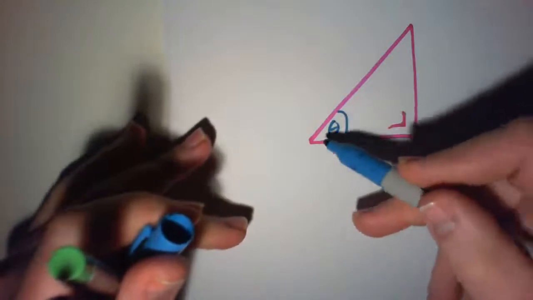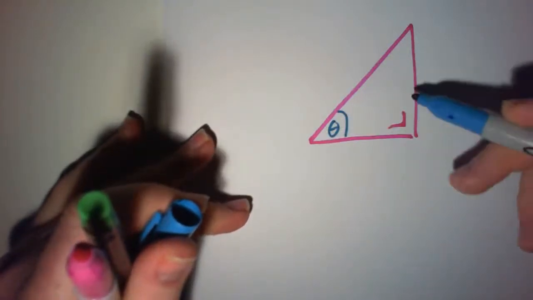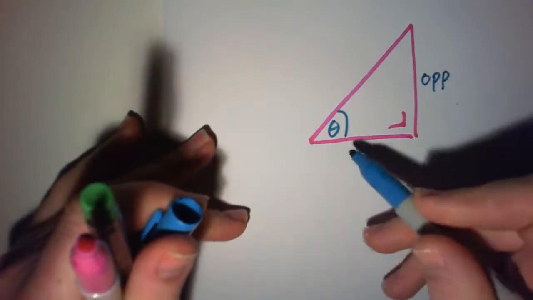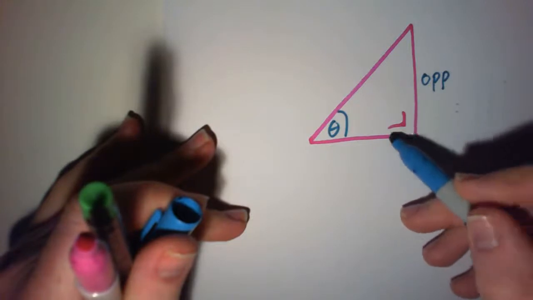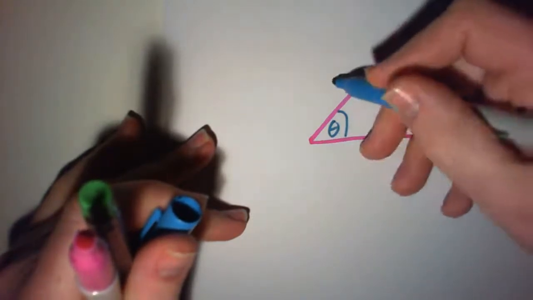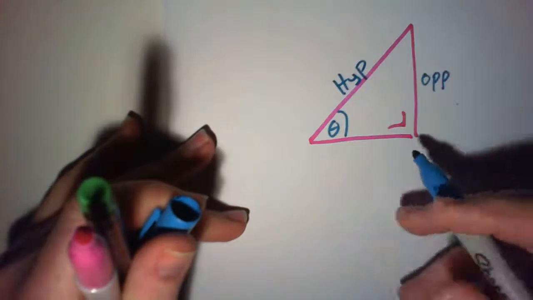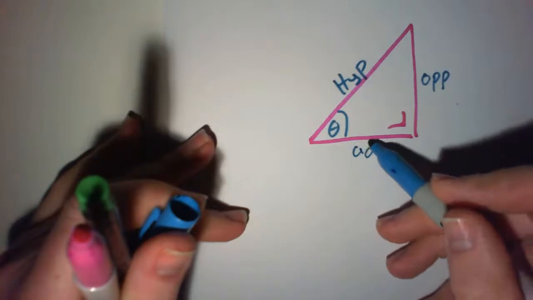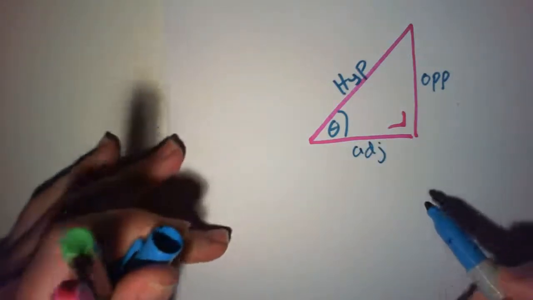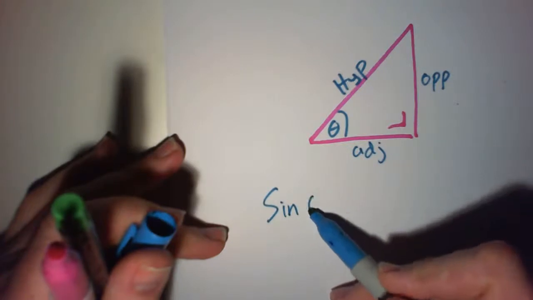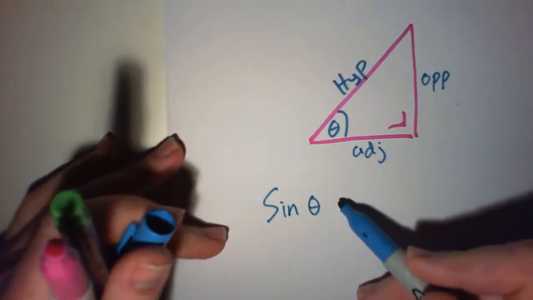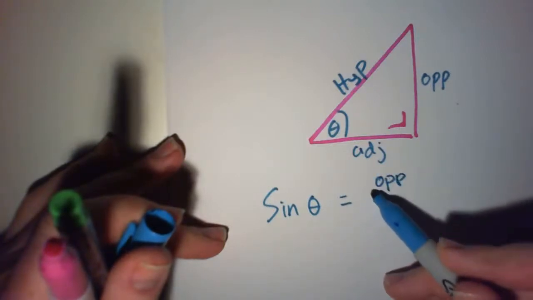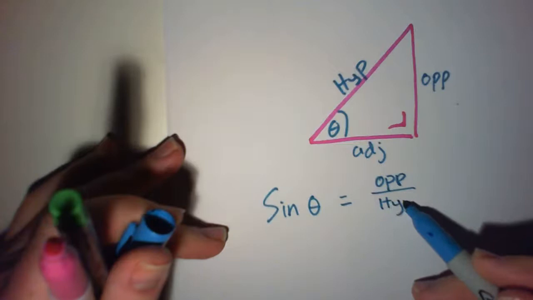So if this is theta, then the side directly across from it is called the opposite side. Okay? The side across from the right angle, in other words, the longest side, is called the hypotenuse. And then the third side, the side that's not opposite or hypotenuse, is called the adjacent. Okay? And the sine of theta is equal to opposite over hypotenuse.